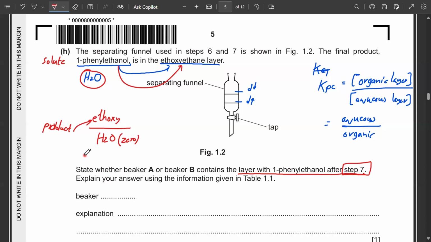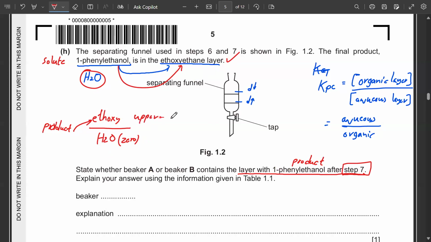All right. So they are asking in which beaker they will add the product. According to this information, the product is present only in the ethoxyethane layer, and the ethoxyethane layer is less dense than the water, so ethoxyethane is in the upper layer.